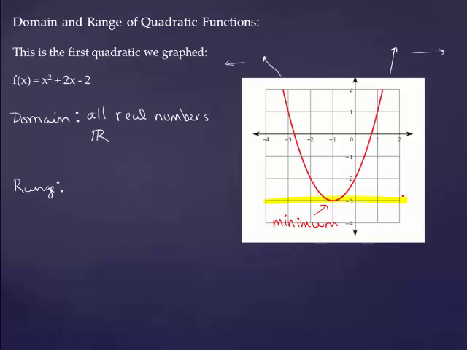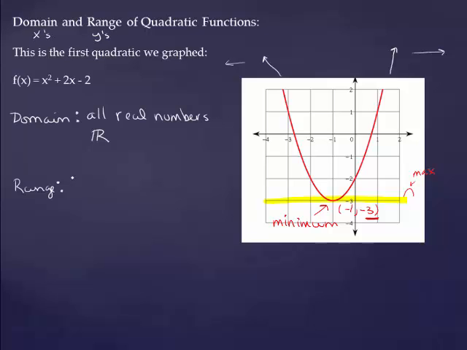If we're turned the other direction, we have a maximum. Okay, well our minimum is the point -1, -3, and our range goes from -3 up forever. So just remember, domain are x values, and range is our y's.